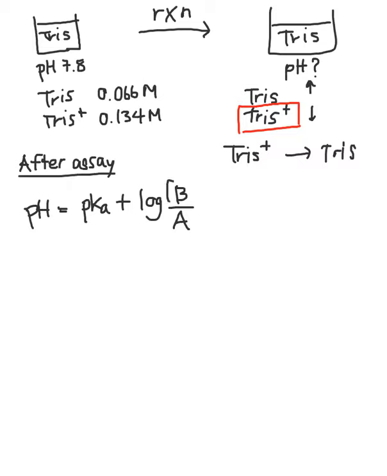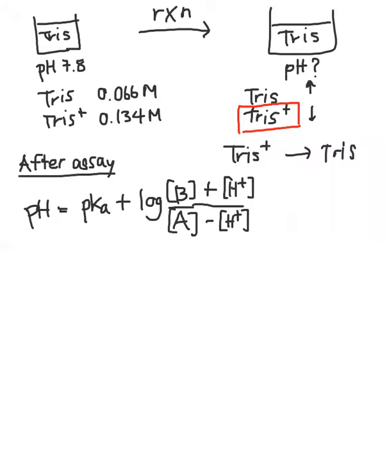So you have to deduct the amount of proton that was consumed from the acid. And because when you take the proton out from the acid it changes to base, you need to add the amount of proton to the base. And now this equation is ready for plug in.